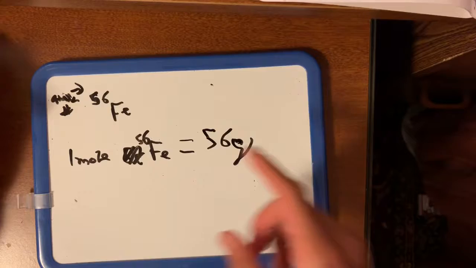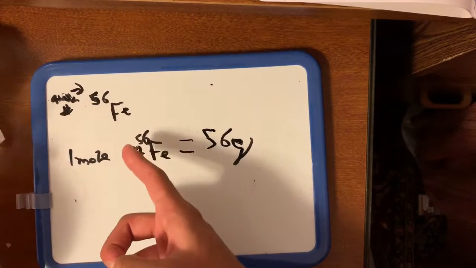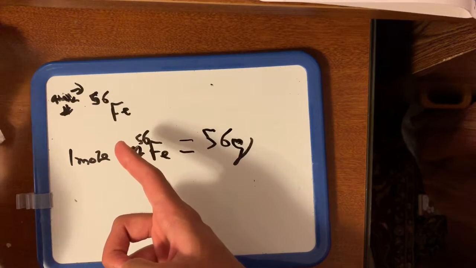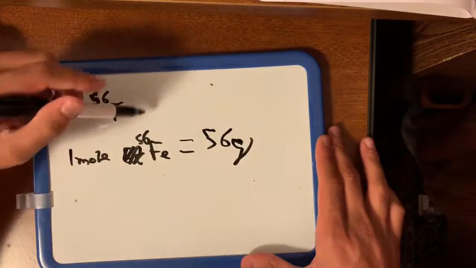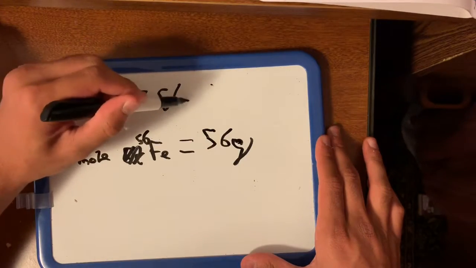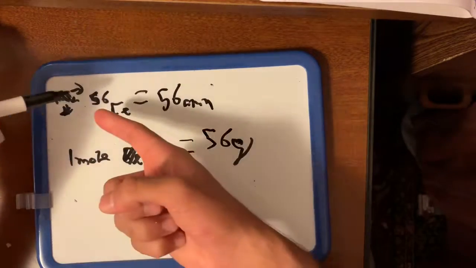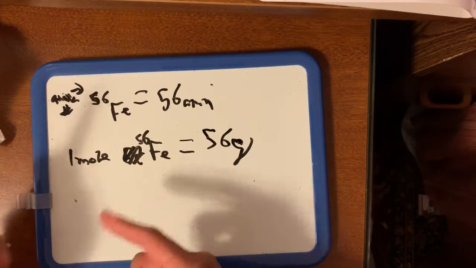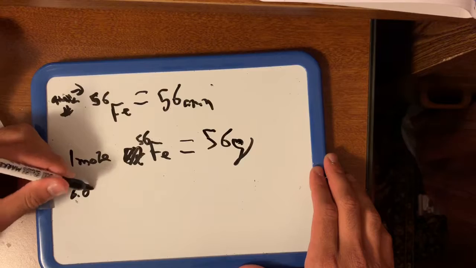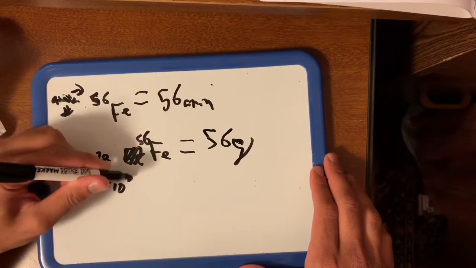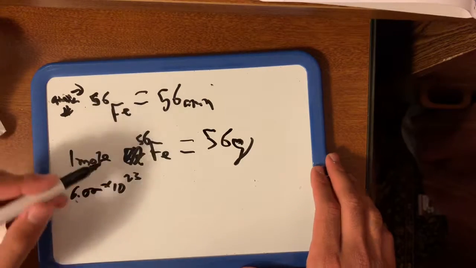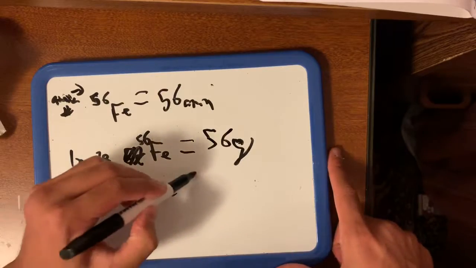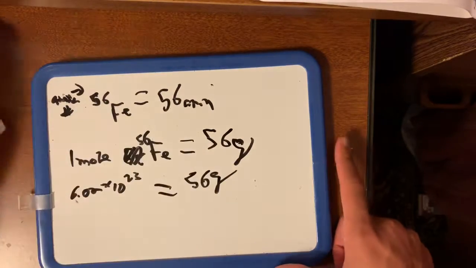And if you looked at one atom, the atomic mass of one atom of iron 56 is 56 AMUs. You can also tell from that number that 1 mole of this specific atom, or 6.02 times 10 to the 23rd atoms of this, will give you 56 grams.